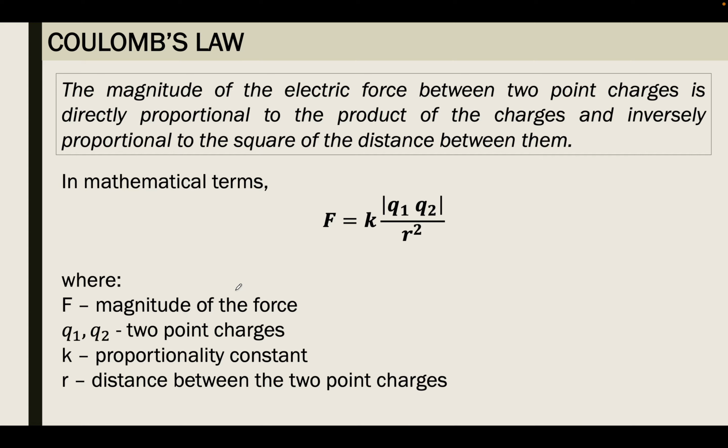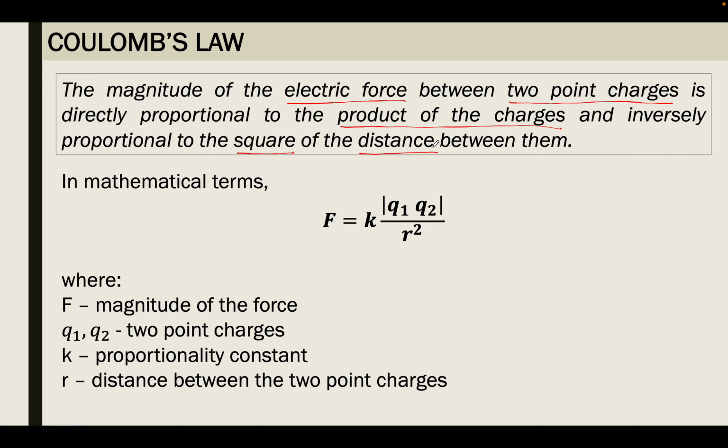So Coulomb's law states that the magnitude of the electric force between 2 point charges is directly proportional to the product of the charges and inversely proportional to the square of the distance between them.